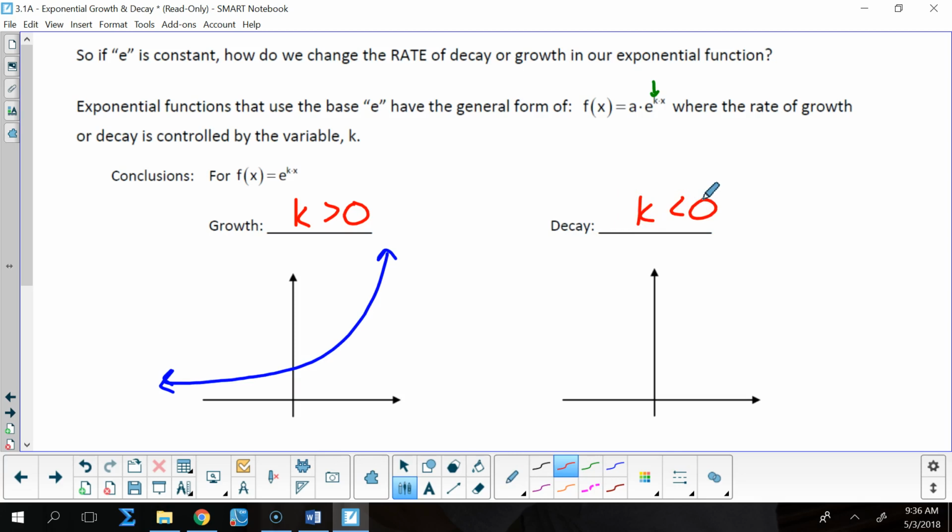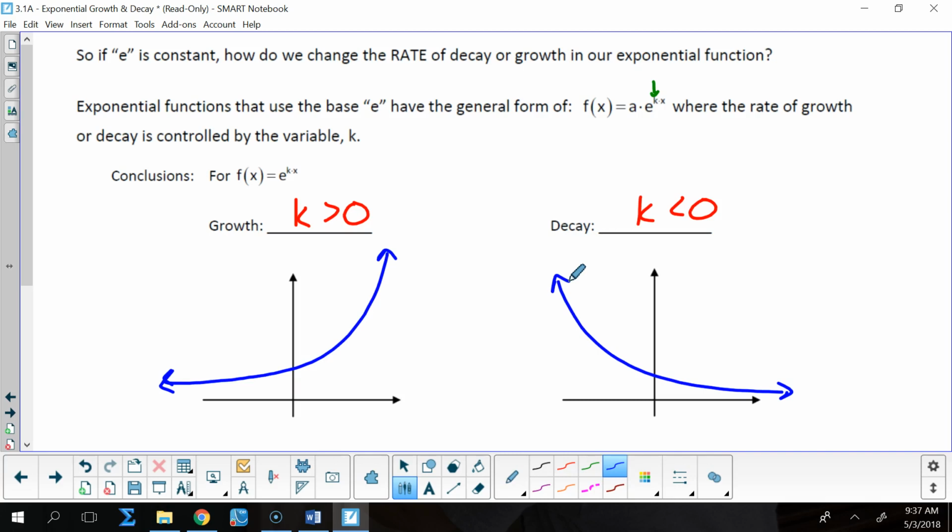Then it's going to decay. Again, same thing. It will decay slower the closer to 0 it is, and it'll decay faster the farther it is from 0. What if it is 0?